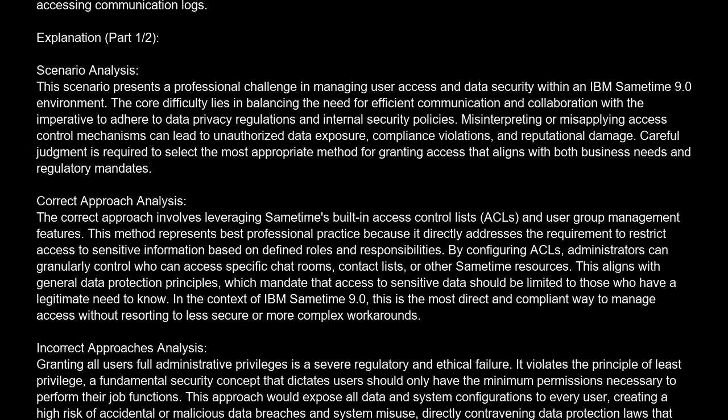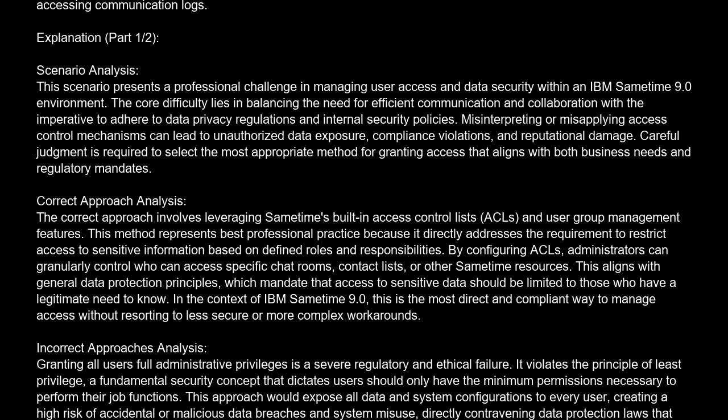Correct approach analysis. The correct approach involves leveraging Sametime's built-in access control lists, ACL, and user group management features. This method represents best professional practice because it directly addresses the requirement to restrict access to sensitive information based on defined roles and responsibilities. By configuring ACLs, administrators can granularly control who can access specific chat rooms, contact lists, or other Sametime resources.